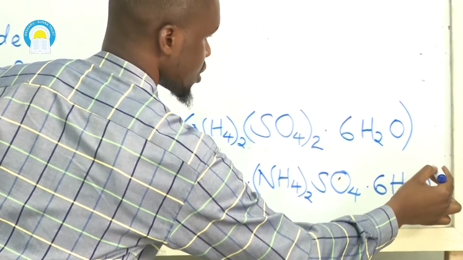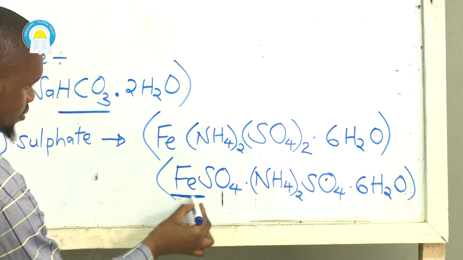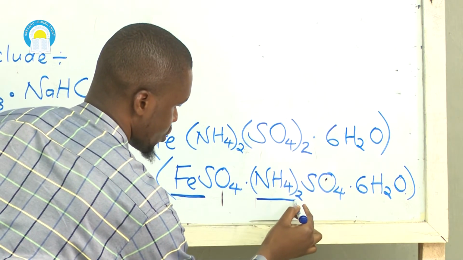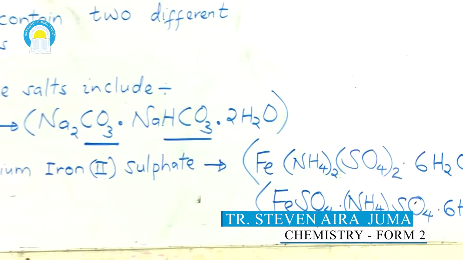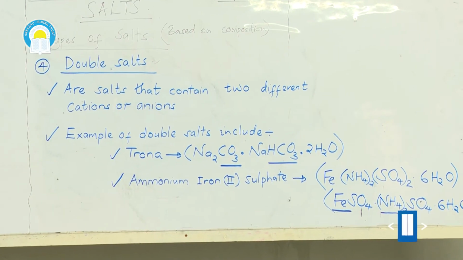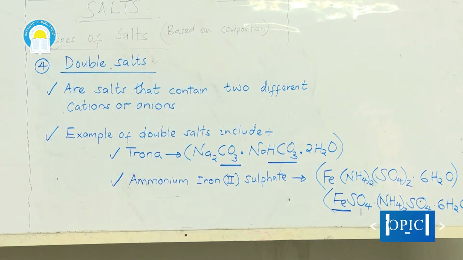What makes it a double salt is the fact that it has two cations. The first cation is iron 2, and the other cation is the ammonium ion, ammonium radical. So we are seeing they are double salts because they contain either two different cations or two different anions.